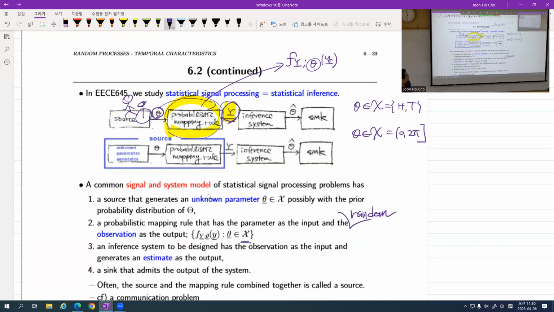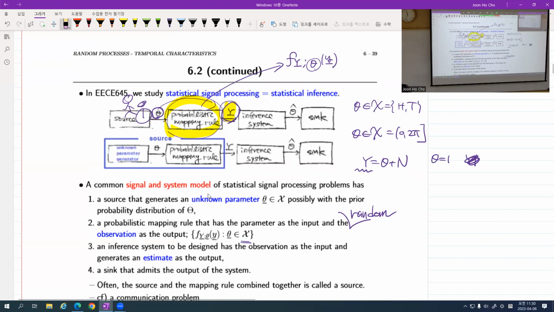For example, suppose theta is either 0 or 1, and your random output y is that you add some zero mean Gaussian noise to that value. So y equals theta plus Gaussian noise. Then if theta equals 1, what is the distribution of y?